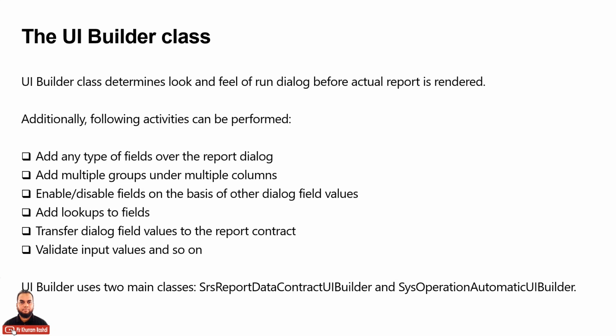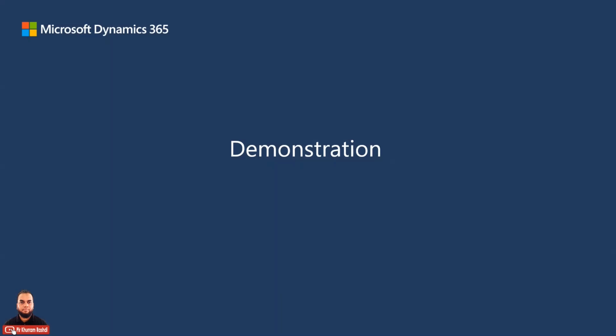In the same fashion, you can also validate other field values. UI builder basically contains two classes, which are SRS report data contract UI builder and the other one, operation automatic UI builder. So let's now jump into our demonstration part.